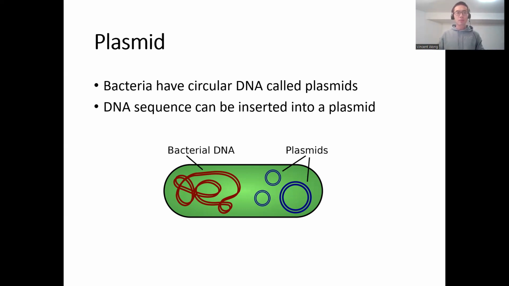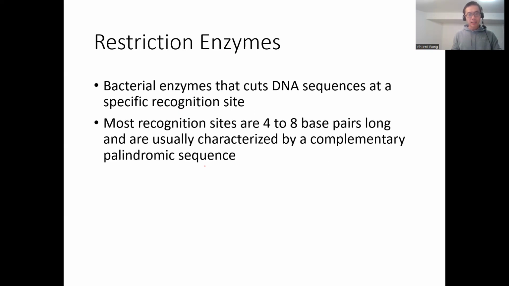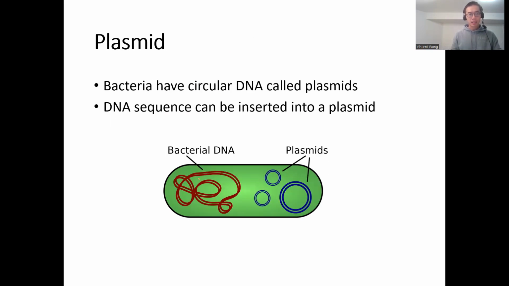So just to refresh your memory on the bacteria's genetic material, they have their own circular DNA, which is shown in red here, but they also have additional little circles called plasmids. Right? These plasmids can be exchanged between bacteria.